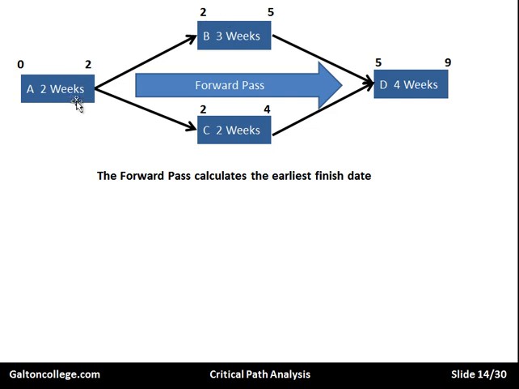A goes to B, A goes to C. So we carry over the 2. Over here we have a difference between the 5 and the 4. And our rule tells us to take the largest number. So when we have 2 feeding into 1, we take the largest number. It's important to remember that.